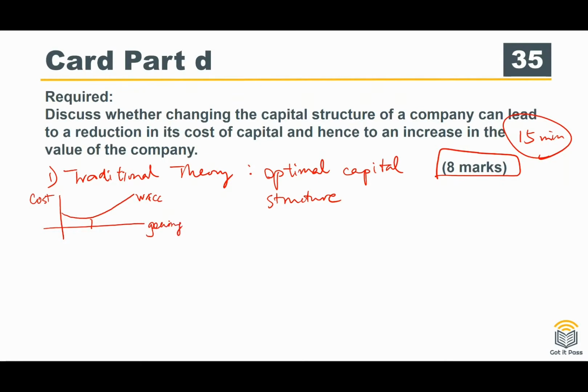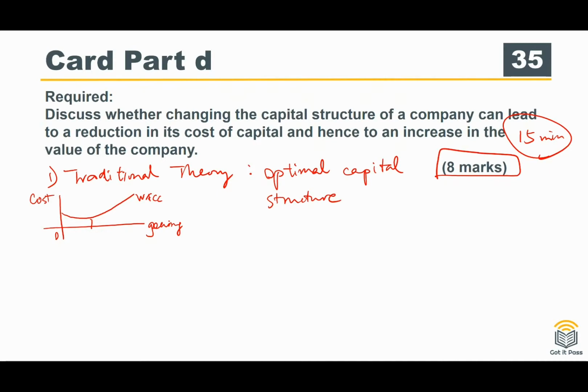So once your gearing increases from 0, here you enjoy the lower cost of debt because you are increasing your gearing, but at the same time your cost of equity doesn't go up a lot. So you enjoy gearing your financial position in order to achieve a lower WACC.